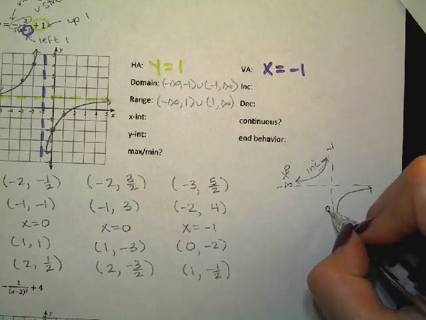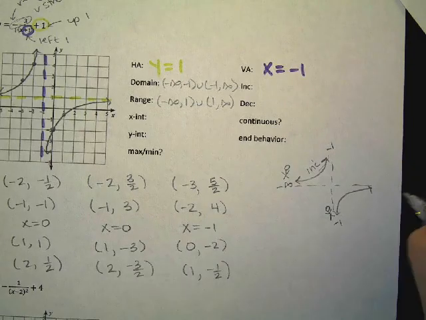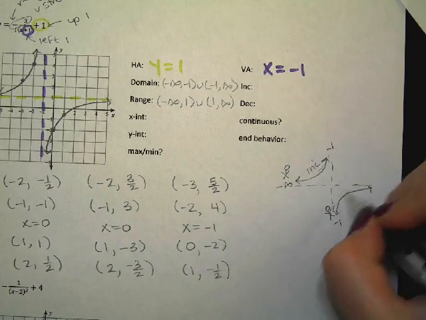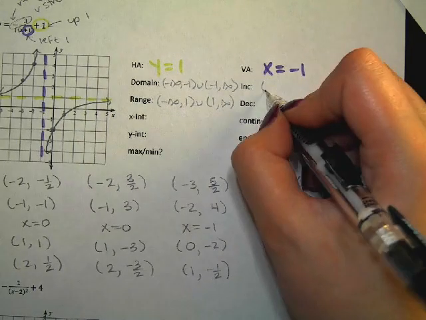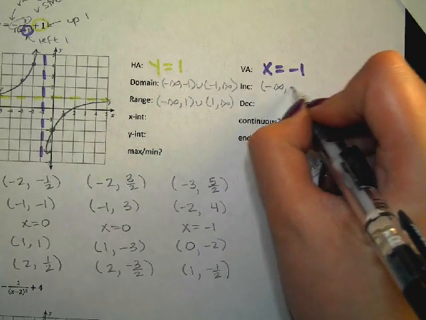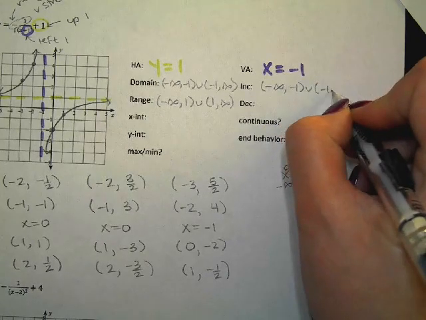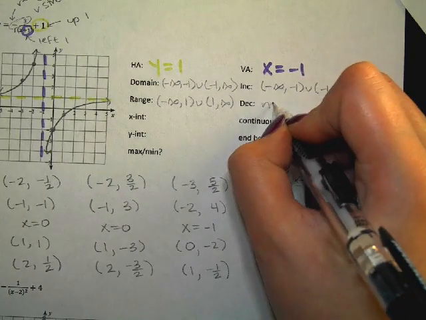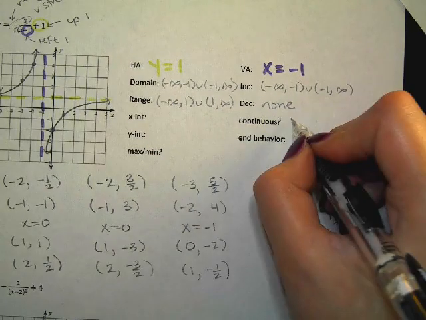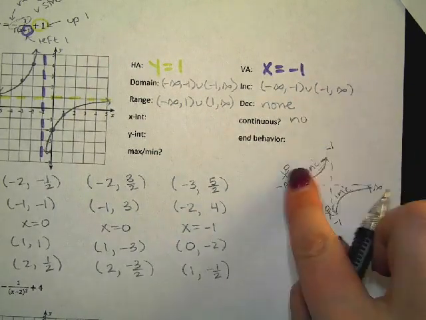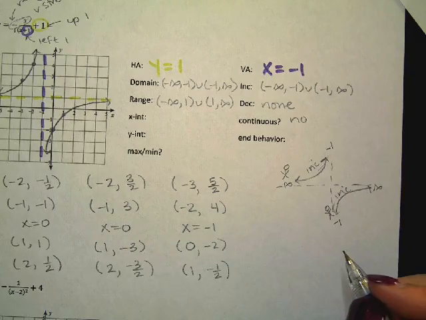And so then we have a new stick figure who starts down here at negative 1, and he's walking up to infinity. So we're going to say our increasing is from negative infinity to negative 1, negative 1 to infinity, and decreasing is none. This graph is not continuous, because if you trace it with your finger, you definitely do have to pick up your finger.